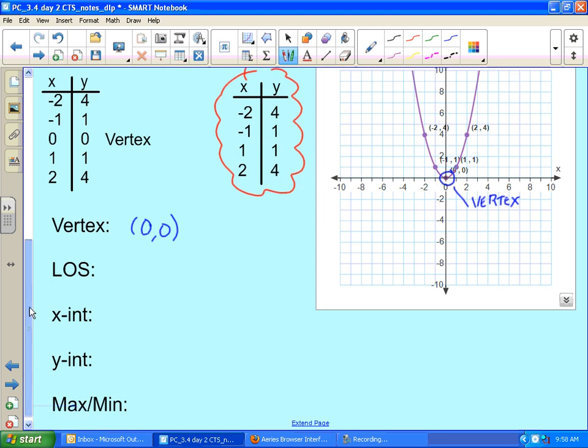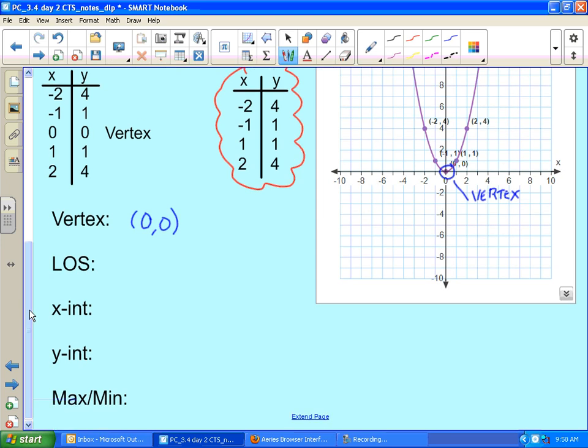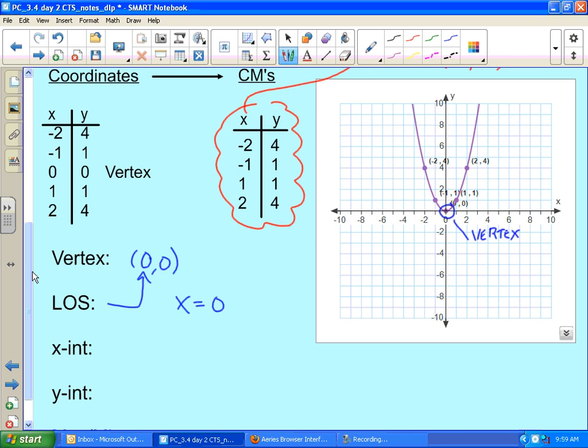Now, line of symmetry, this is a good deal. If you know what a line of symmetry is, you'll know that it is always whatever the x part of your vertex is. X equals 0 is my line of symmetry. That's that magic line that cuts my graph in half. It's this symmetrical piece.